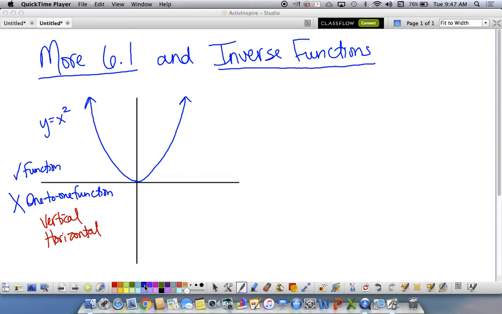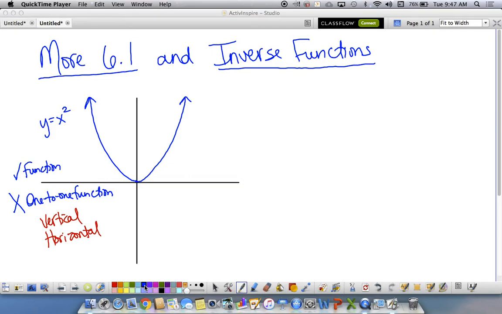Why are we doing this again? Well, sometimes, like with our trig functions, I need to know, can we restrict the domain to make it a 1-to-1 function? Y equals x squared gives me all the x's and all my y's. There is no restriction on the domain, on the x values.